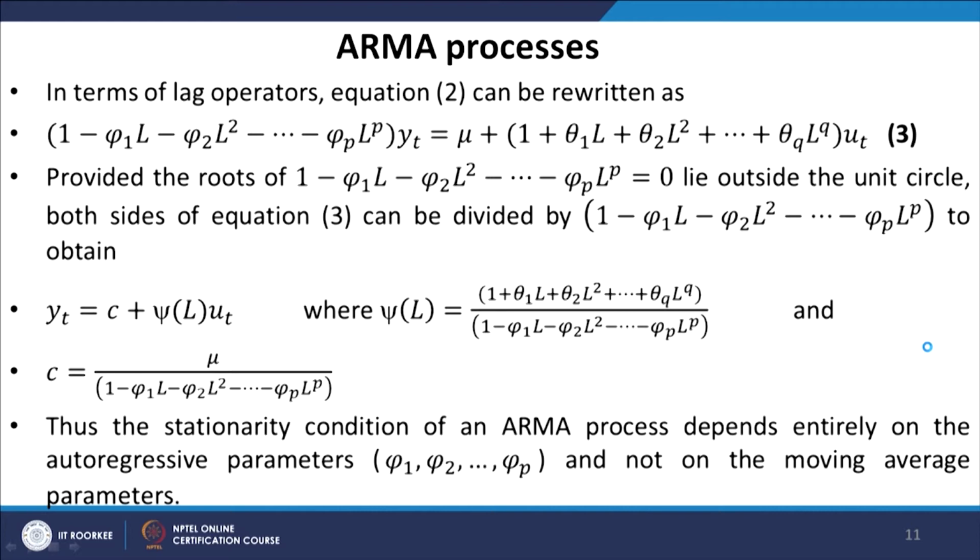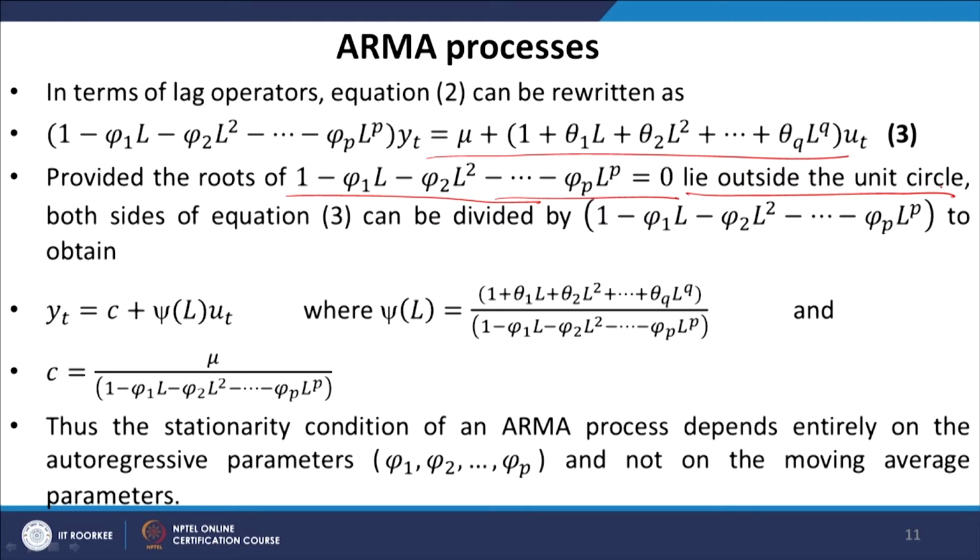In terms of lag operators, equation 2 can be rewritten as this. I am writing equation 3 in order to show the covariance stationarity condition for an ARMA process. So, I again write it in its previous format: phi(L) y_t equals mu plus theta(L) u_t. Now, we can write this provided the roots of 1 minus phi_1 L minus phi_2 L squared, that is the AR lag operator, lie outside the unit circle.